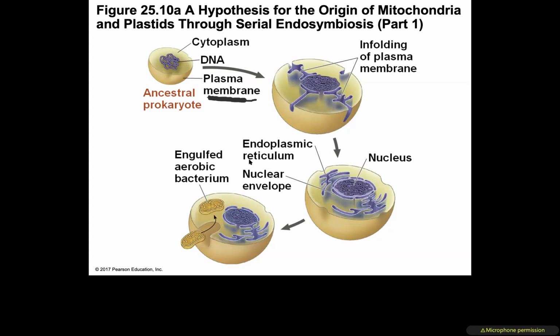But through the inner folds of the plasma membrane, it's thought that these inner folds eventually touched each other and became the nucleus, the nuclear membrane. And you can see more inner folds making here, which led to the endoplasmic reticulum, the rough endoplasmic reticulum and the smooth endoplasmic reticulum. And then eventually you can see the engulfed aerobic bacterium.